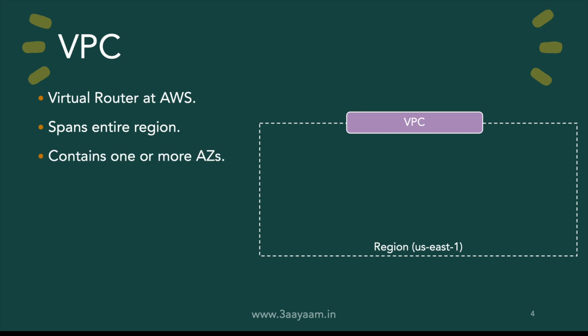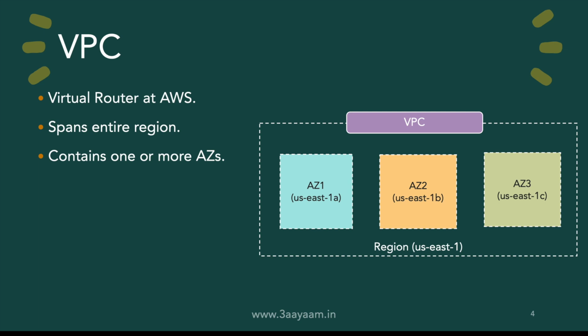When I say entire region, the physical presence of the region is manifested by the availability zones or AZs. So the VPC can contain one or more AZs. Let's say we create a VPC and we choose to put AZ 1, 2 and 3, which is US East 1A, 1B and 1C, in the VPC.